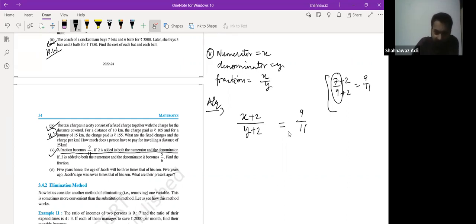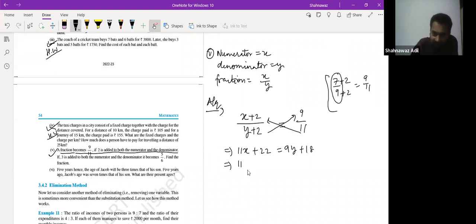So this is the first equation. This goes here, this goes here, so 11x plus 22 and 9y plus 18. Write AQ above it, according to question.